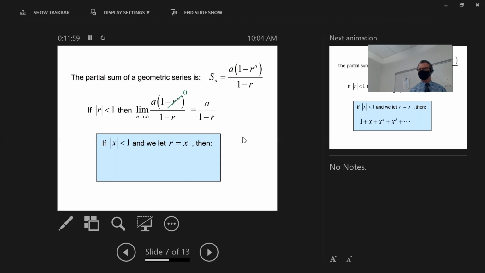All right, so now we're going to make this a little more complicated. All of that is pre-calc. So if x is less than 1, you would get this. First term is 1, constant multiplier is x.